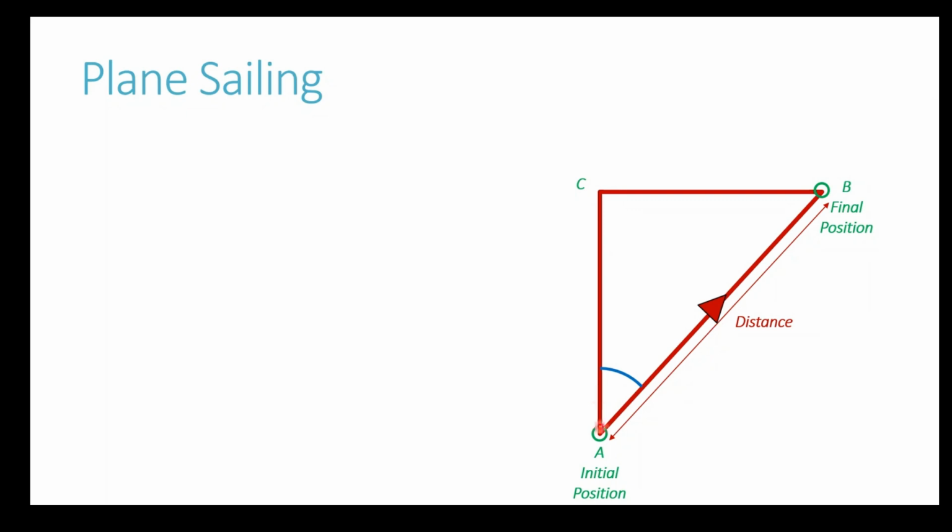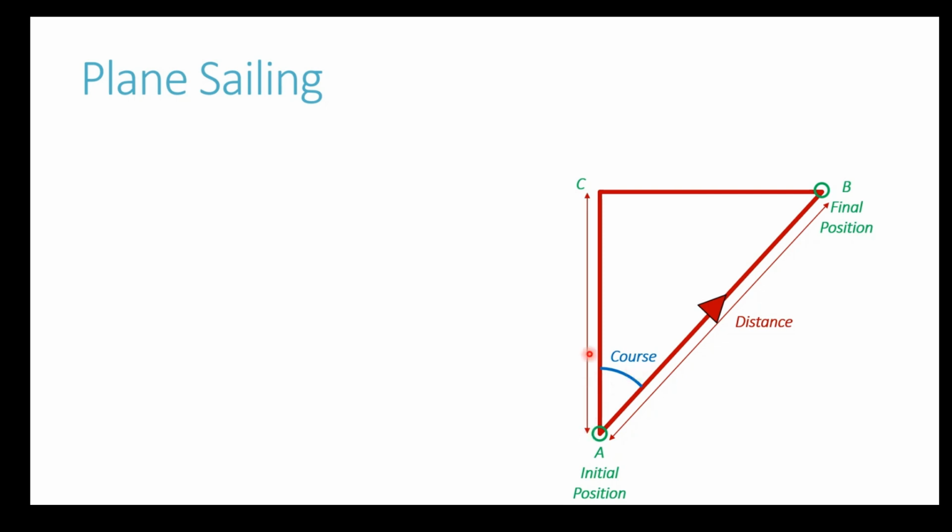So the AC line represents true north, and the AB line represents the direction in which the ship's head is. This is basically our course. So let's mark this angle as course. This is the second item which we need to find out.